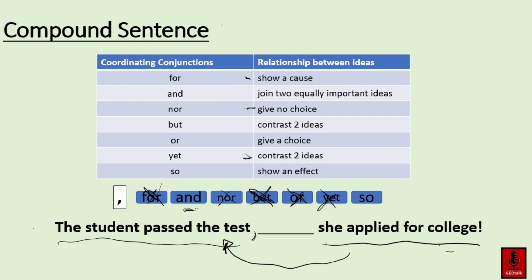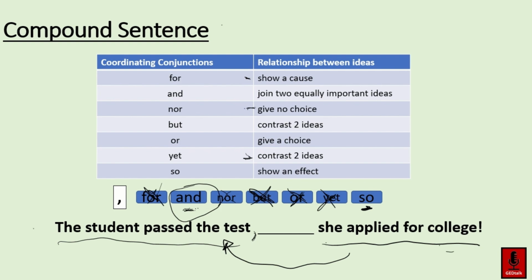Last one, so. Show an effect. Ooh, I like that one because remember, she applied for college is the effect of her passing the test. So let's try this one. The student passed the test, so she applied for college. Yes, absolutely. I like so. So is probably the best one. We also have and, which is saying it's going to share two equally important ideas, which both of them are.